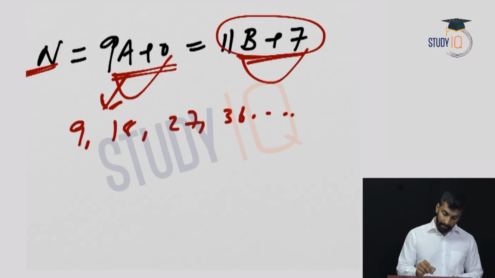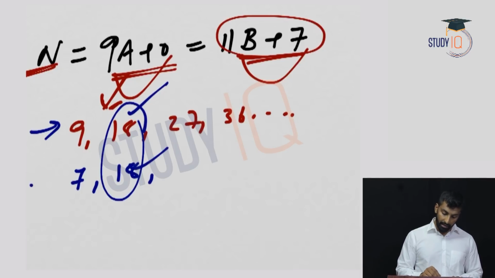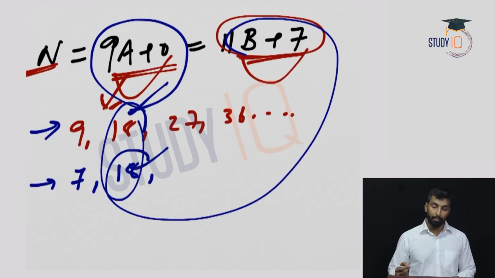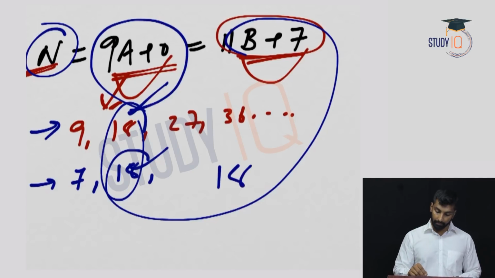So we find 7 and 18, and 18 itself is the answer, right? 18 means it will come in both series. That means 18 when divided by 9 leaves a remainder 0, and 18 when divided by 11 leaves a remainder 7. So 18 is the first number which satisfies both conditions. If it is asked, 18 is your answer.